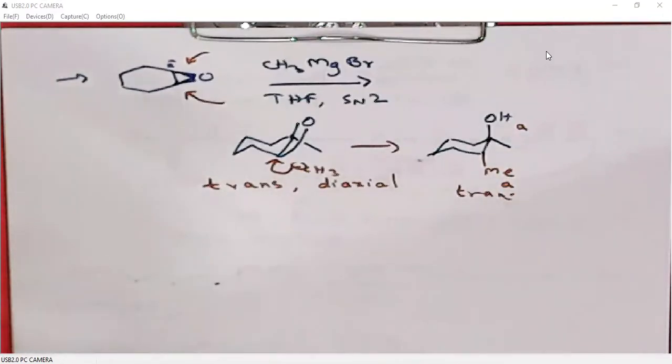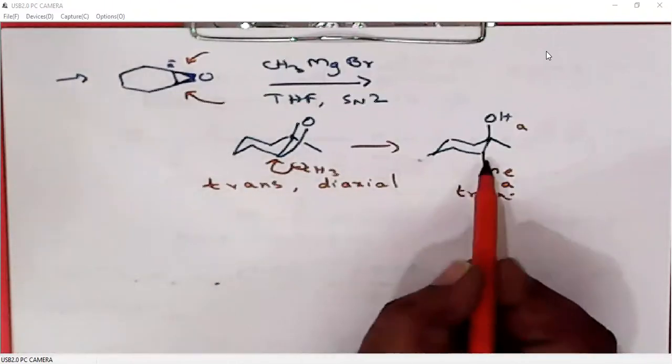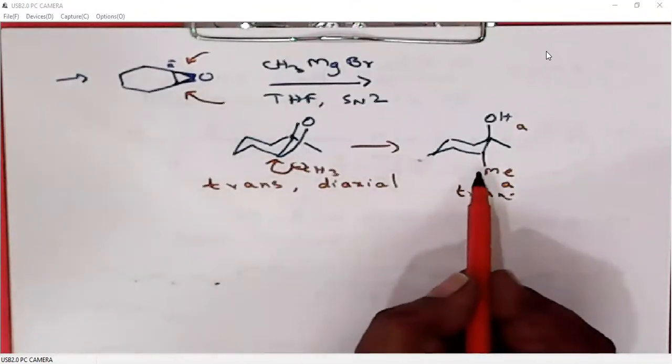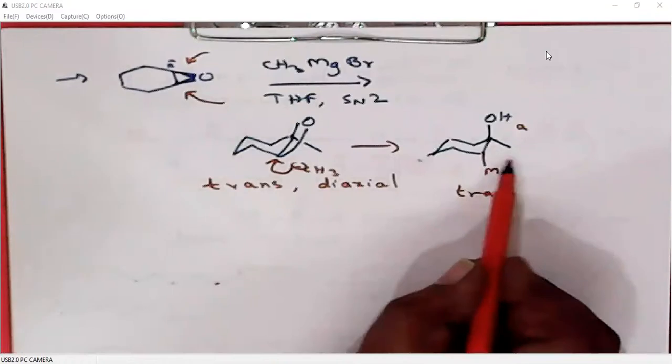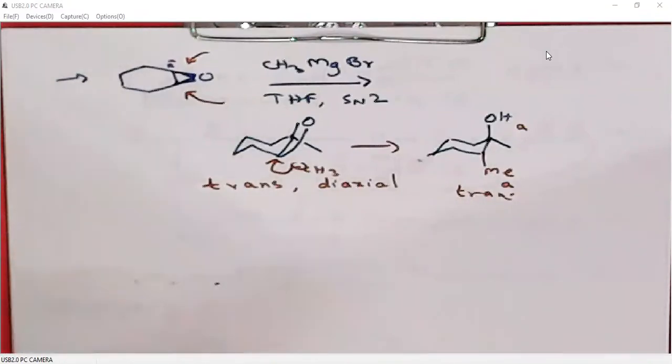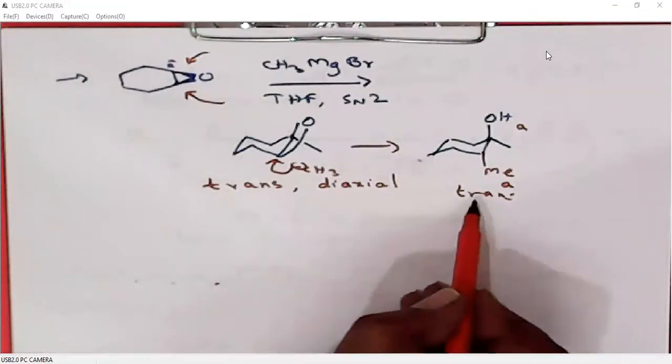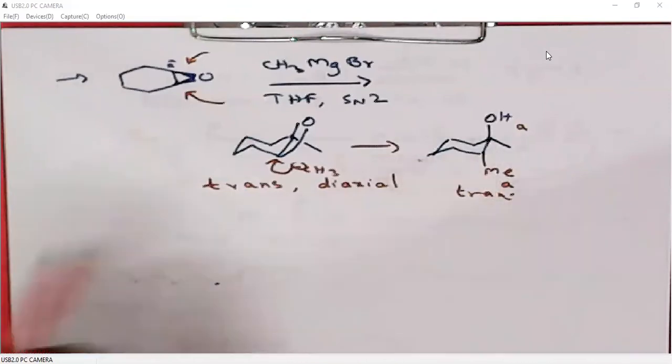It may be unstable when we have two diaxial substituents, but that doesn't matter. It will undergo ring flipping after generating this diaxial product so that it becomes a more stable product. But initially the product should be trans diaxial.